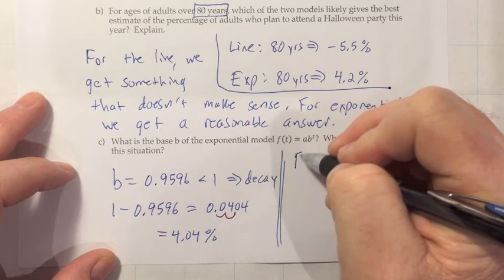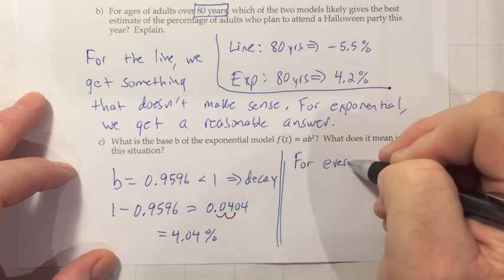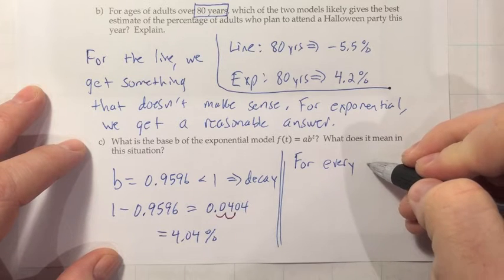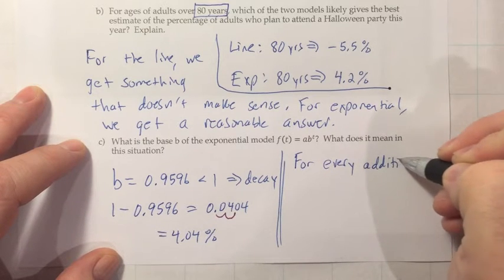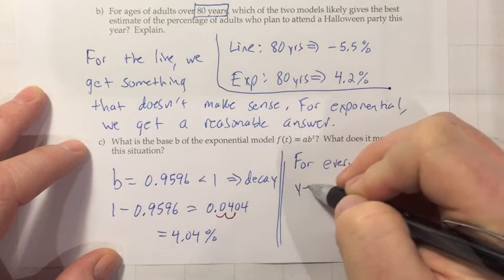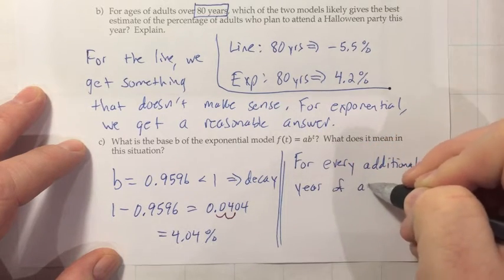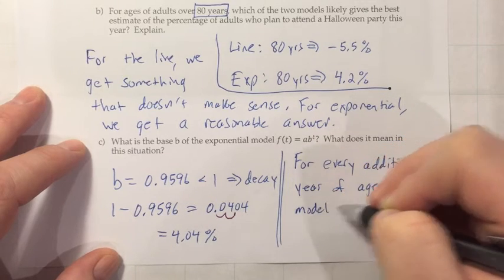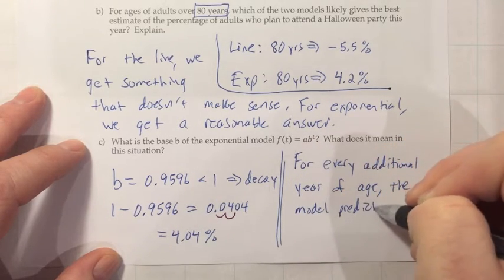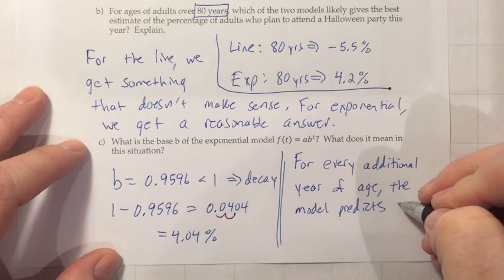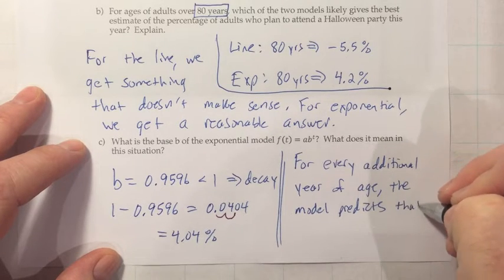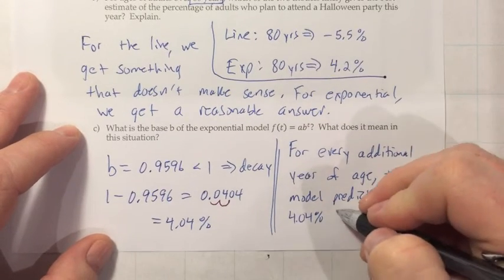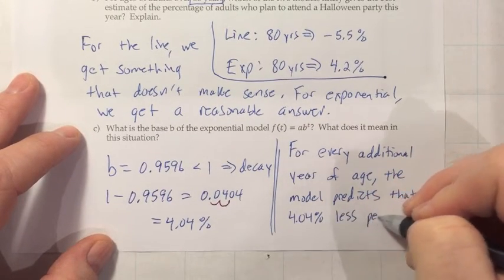So for every additional year of age, because that's what the T represented, was how old the people were, the model predicts that 4.04% less people will go to the party.